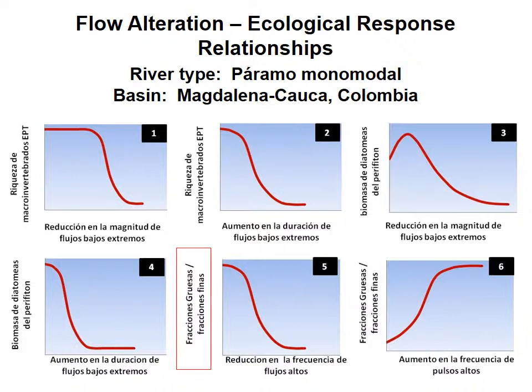On the x-axis are different flow measures, which are known to be very good at linking to the ecological response. So we can build out these flow alteration, ecological response relationships.